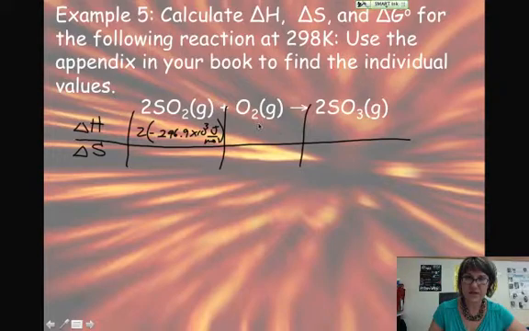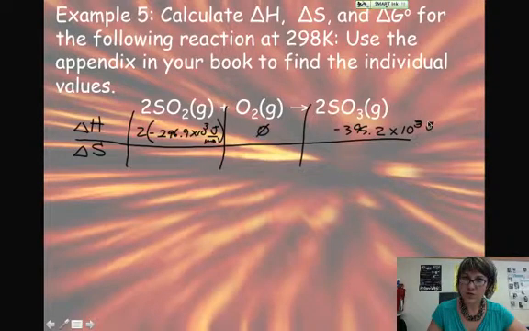And for oxygen, since oxygen is an element, delta H is 0 for any element. And for sulfur trioxide, it's negative 395.2. Change kilojoules to joules. Joules per mole. And there's 2 of those, so let's double this value as well.